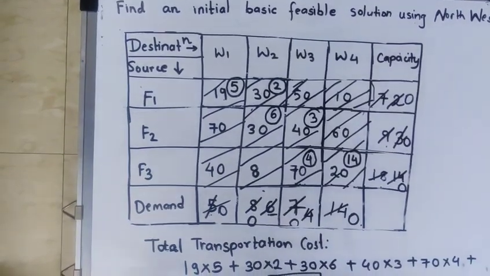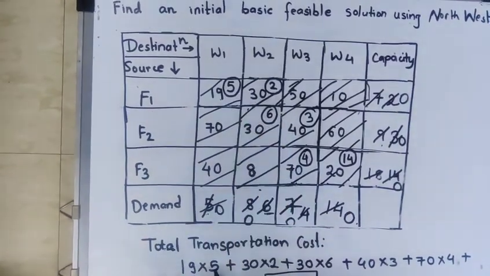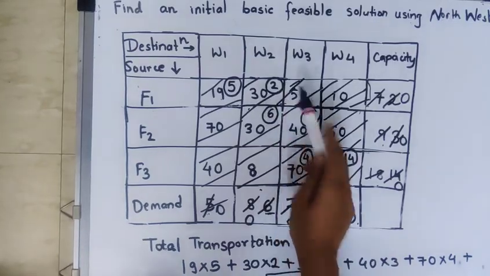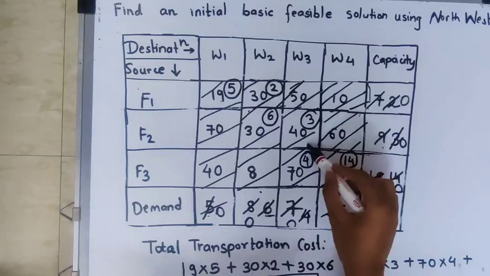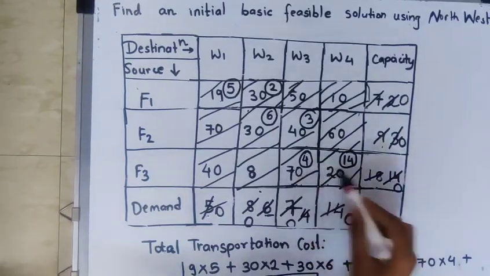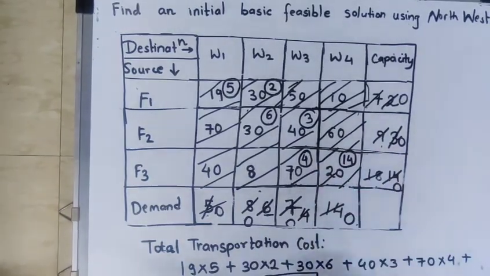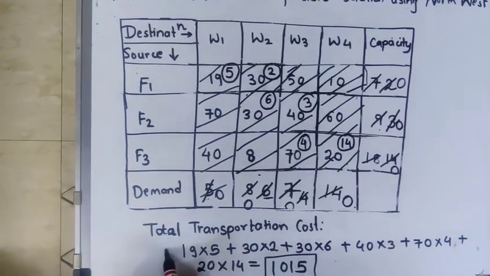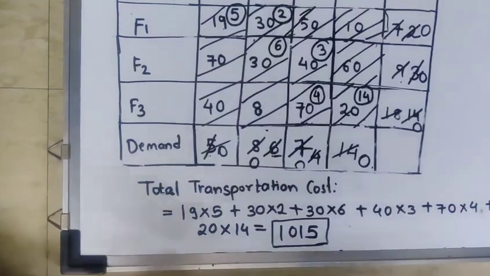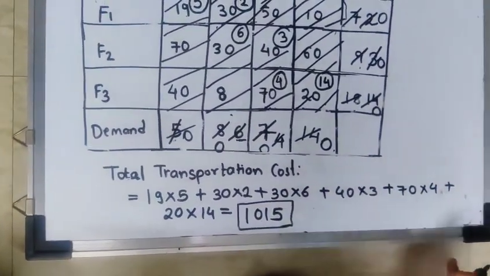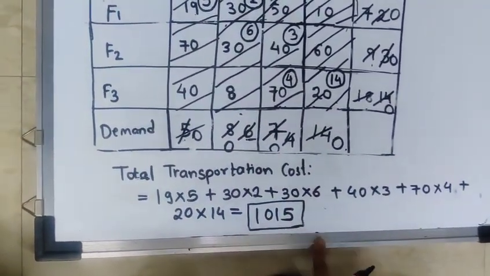Here what we have done is 19 into 5 plus 30 into 2 plus 30 into 6 plus 40 into 3 plus 70 into 4 plus 20 into 14. After doing all the calculation, we get an answer of 1015. So the answer to this transportation problem is 1015.